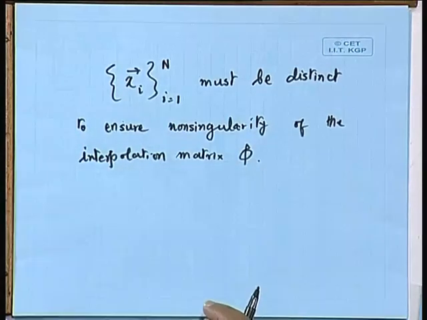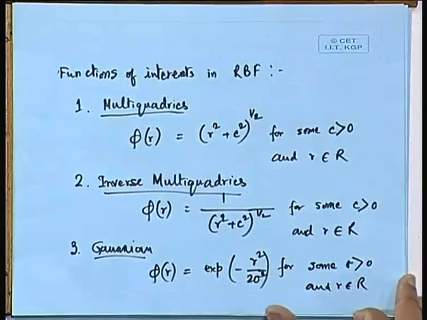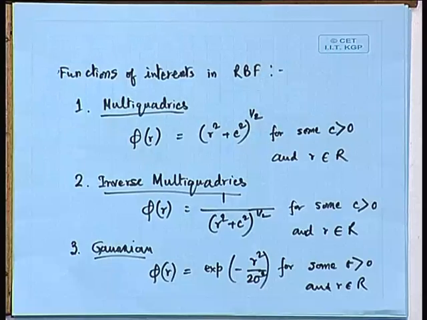Now, we can have a quick look at these functions that we have already defined: multi-quadrics, inverse multi-quadrics and Gaussian. Some of the properties which become very obvious are these. Look at the multi-quadrics.